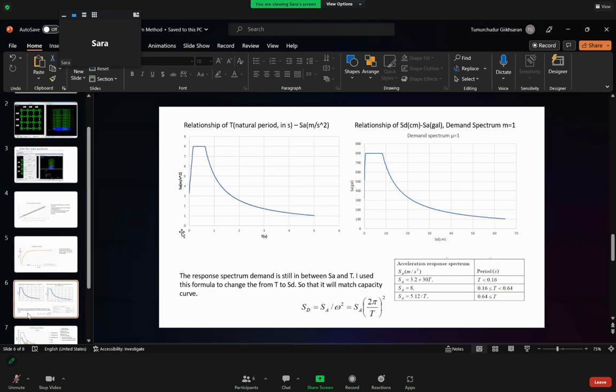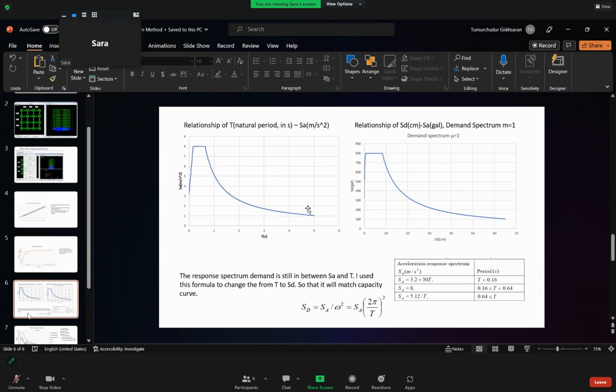From this picture, the first one is the relationship of natural period, known as T, and the second graph is the relationship of SD and SA.